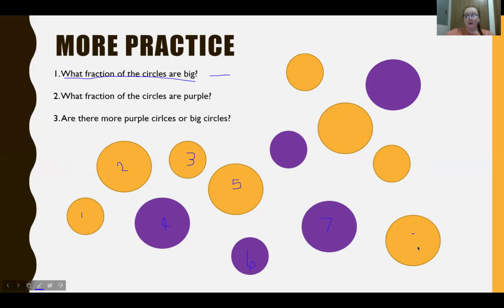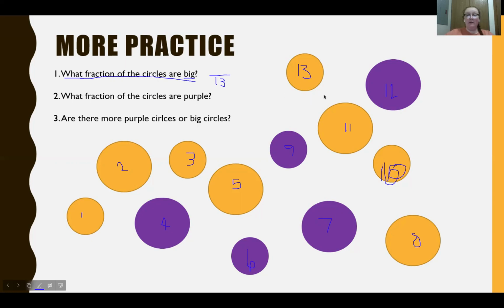7, 8, 9, 10, 11, 12, 13. So the bottom of our fraction here is going to be 13. And this one's asking how many of the circles are big.